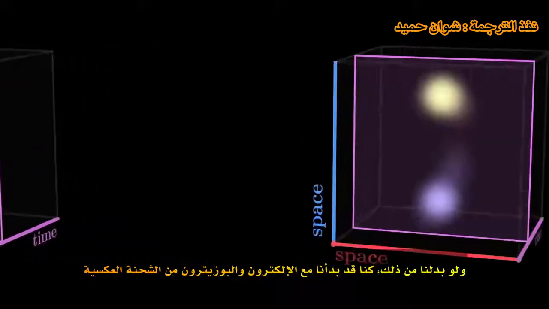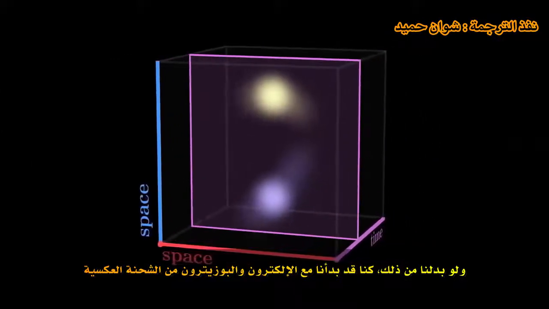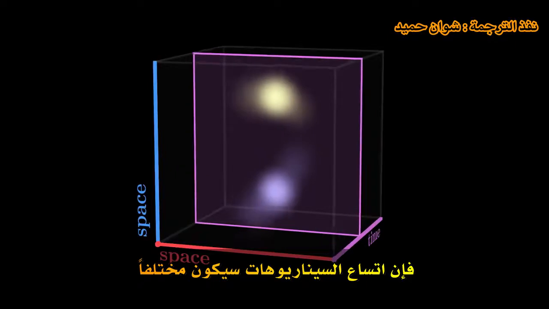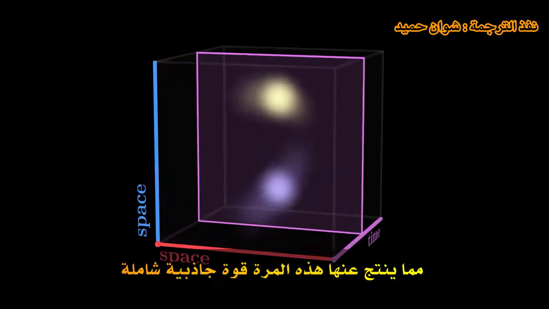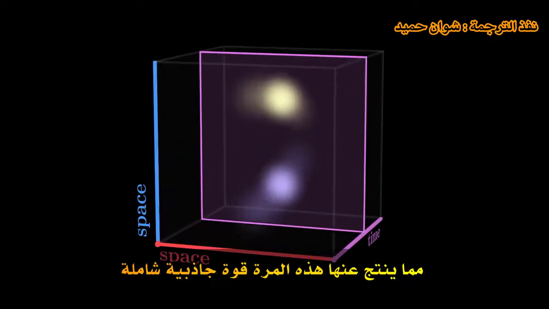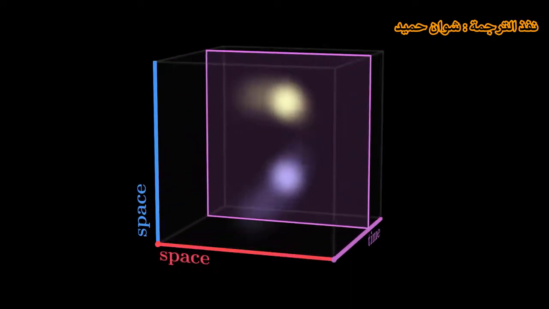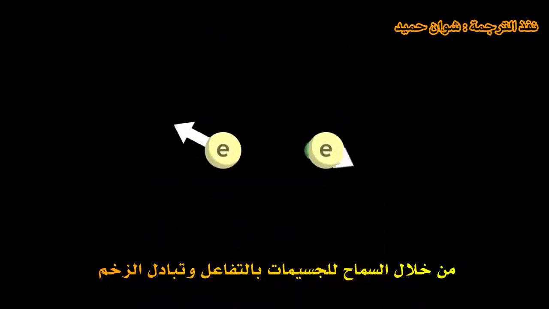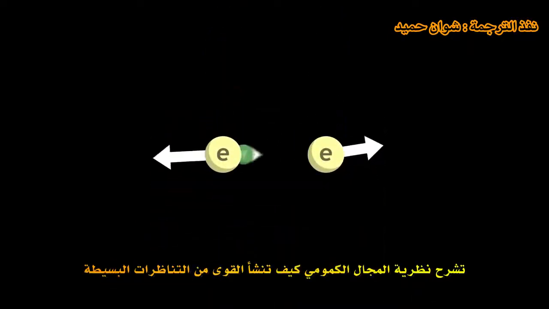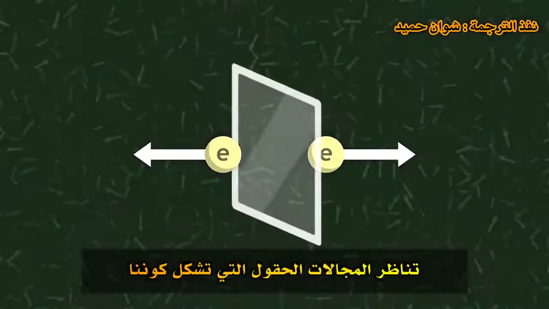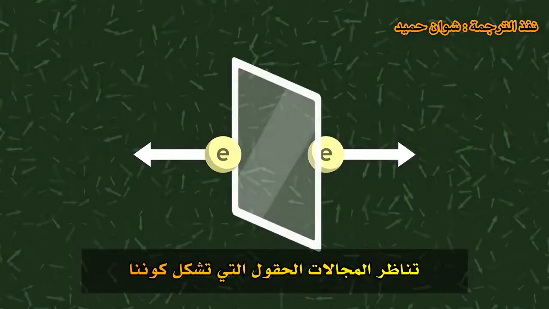And if instead we had started with an electron and a positron of opposite charge, the amplitudes of the different scenarios would have been different, resulting this time in an overall attraction force. By allowing particles to interact and exchange momentum, quantum field theory explains how forces arise from simple symmetries, the symmetries of the fields which make up our universe.